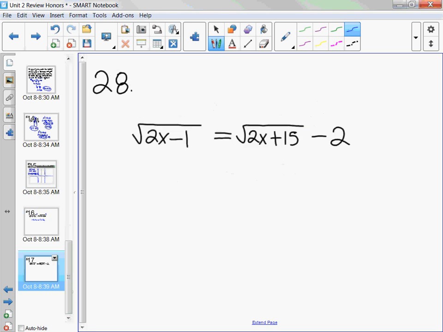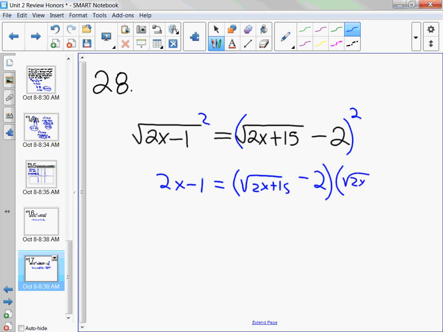On this one right here, we are going to have to square both sides, but on the right side it's going to be a little bit different. Left side, the radical just goes away. On the right side, I'm multiplying this by itself twice. So I've got to distribute: 2x plus the square root of 2x plus 15 times the square root of 2x plus 15 is just 2x plus 15.